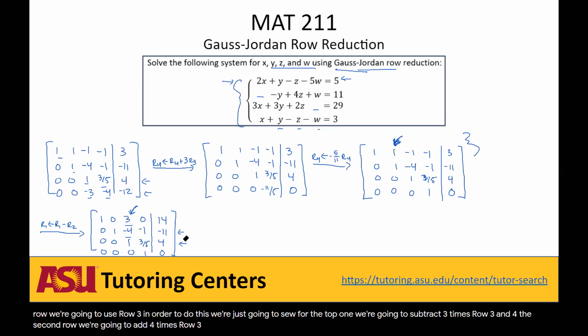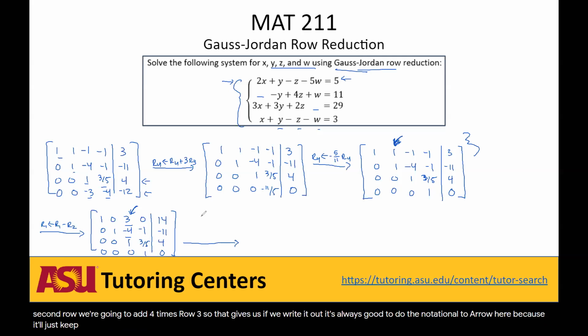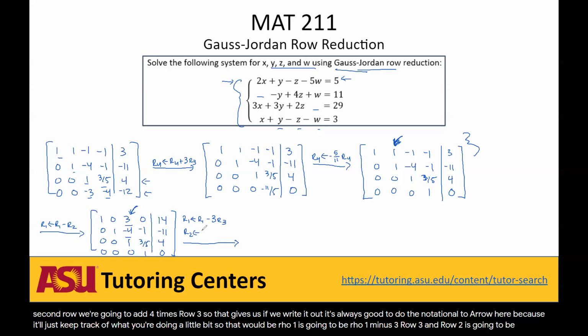If we write it out, it's always good to do the notation with the arrow because it'll keep track of what you're doing. So row 1 is going to be row 1 minus 3 row 3, and row 2 is going to be row 2 plus 4 row 3.